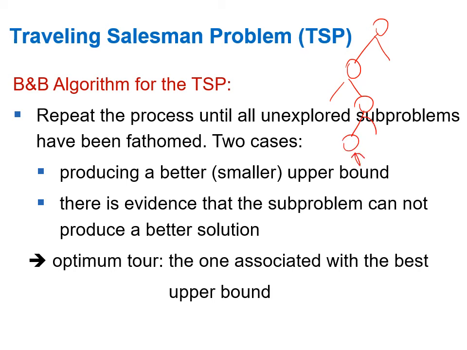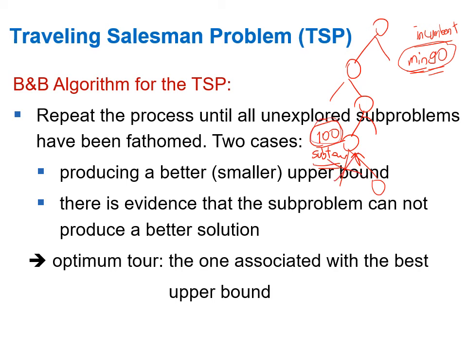Now we solve this one, and there is still a subtour here, with a value of 100, let's say, but we already have an incumbent solution until this node, which has a value of 90. For a minimization problem, this 90 is a feasible tour and it is less than 100. It means that if you continue branching on this node, you will not obtain a solution with a total distance less than 100. So you can fathom because of bounding.